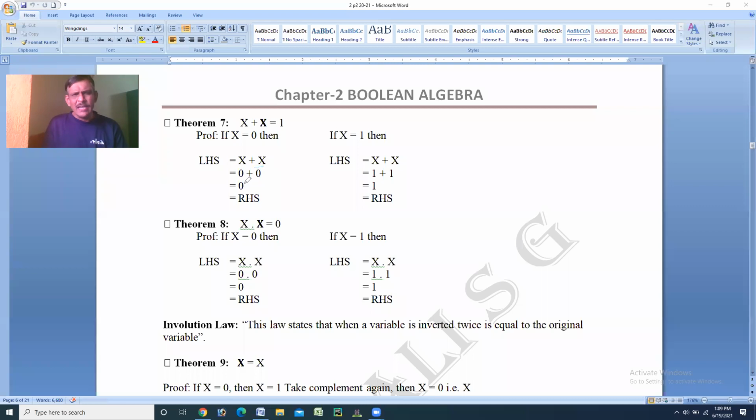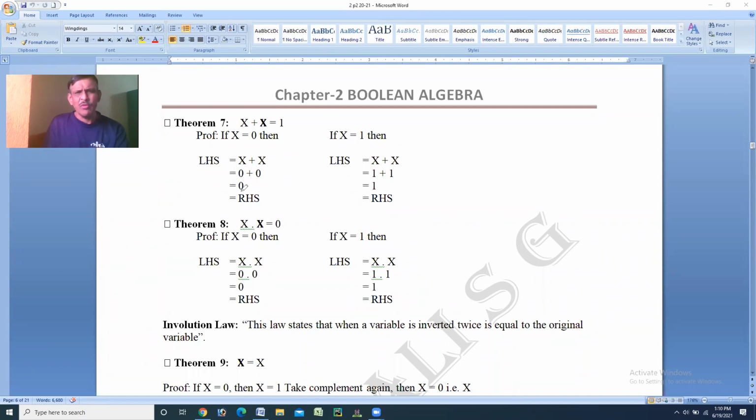The next step you can write as 0 plus, the 0 complement is 1. This 0 complement becomes 1. So according to the OR relation, 0 plus 1 equals 1, and that is nothing but the RHS.